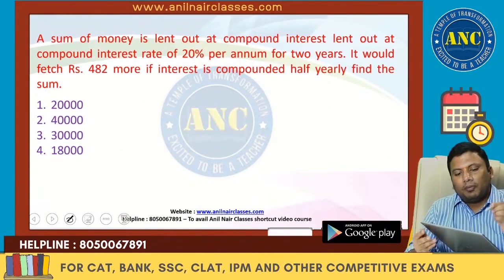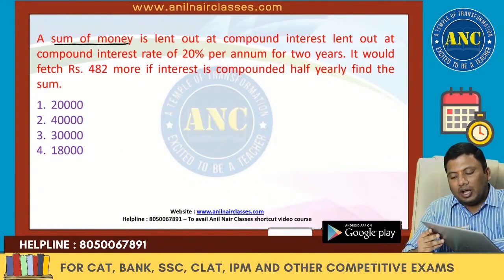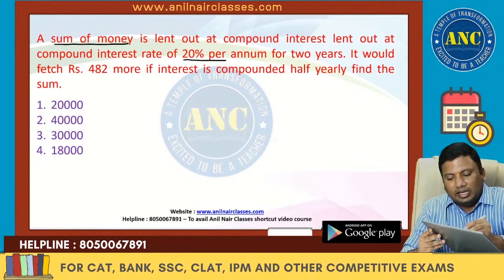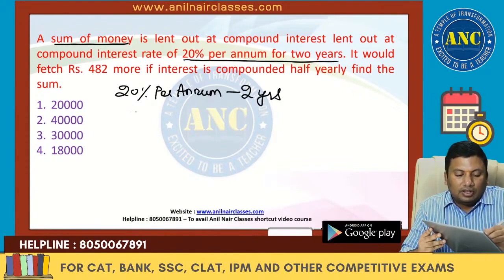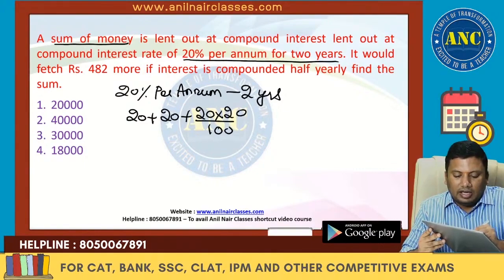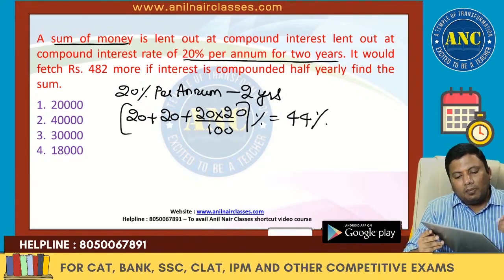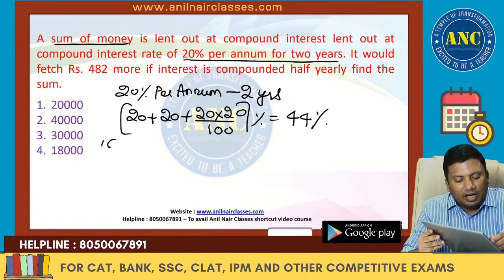A sum of money is lent out at compound interest at 20% per annum for 2 years. A plus B plus A into B divided by 100 gives 44%. It is compounded half yearly, which means this will become 10%.